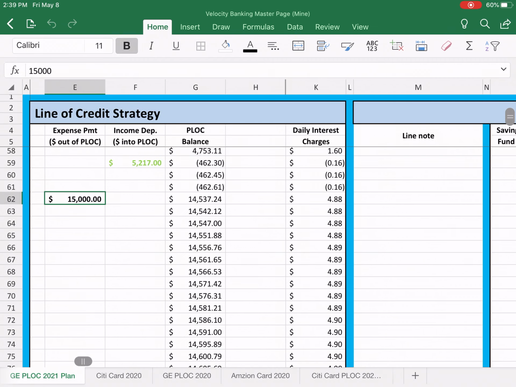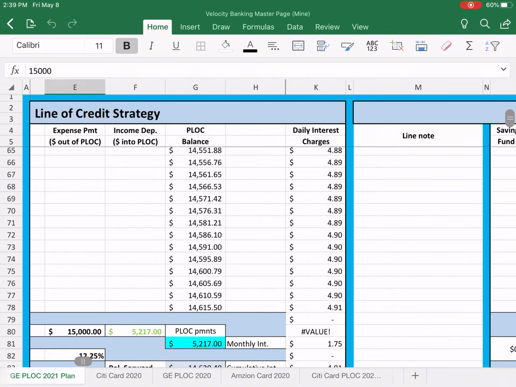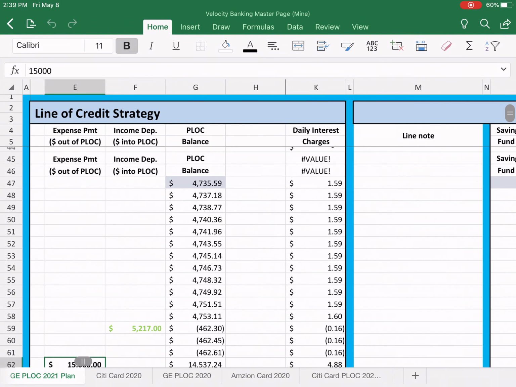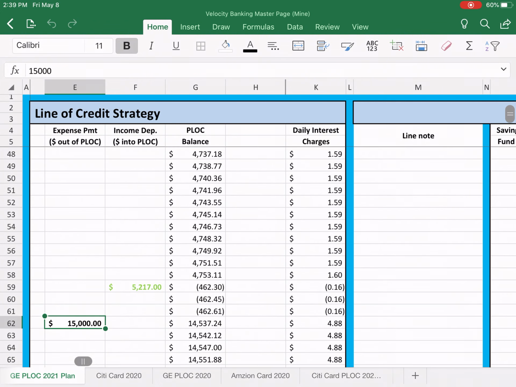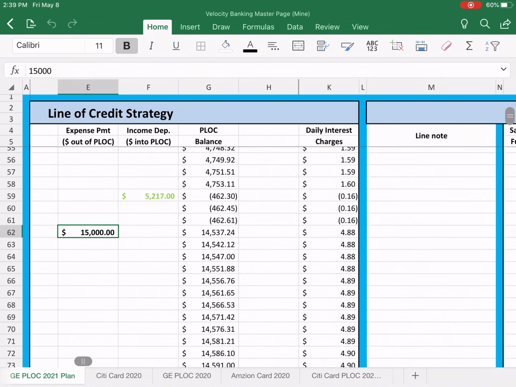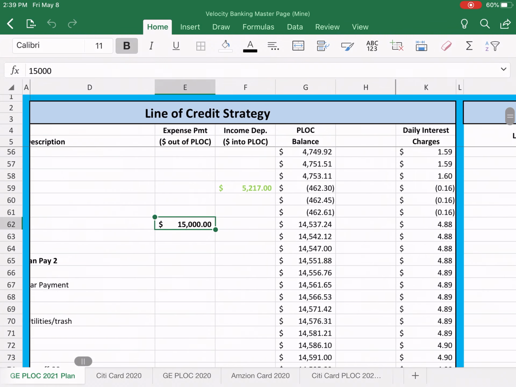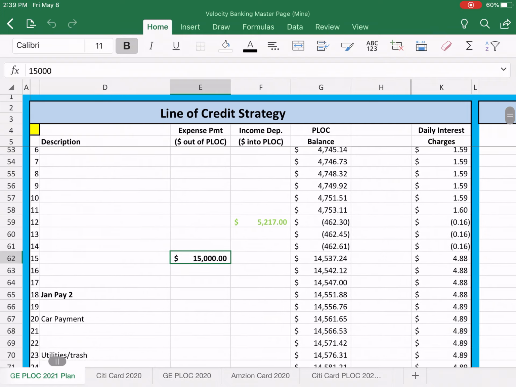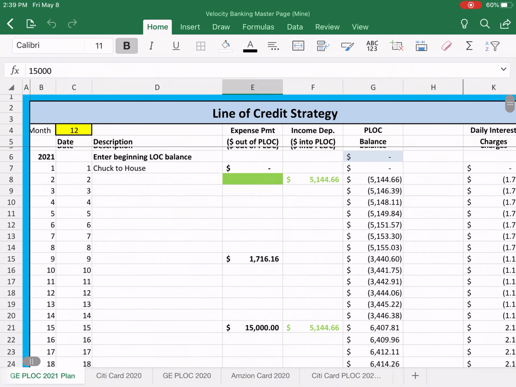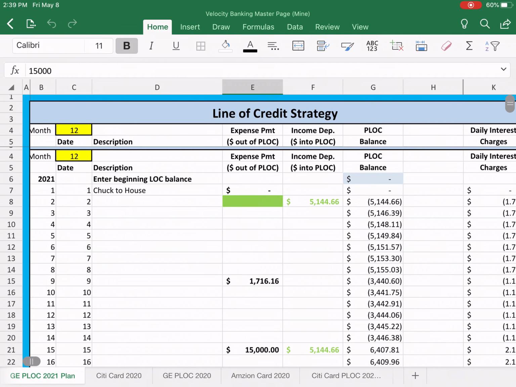So basically, over here we're gonna be getting the max, the daily interest it's gonna charge. So instead of going on the board as Denzel likes to do it and doing the math, this spreadsheet was created for him, for those of us who like using the spreadsheet to just use it.